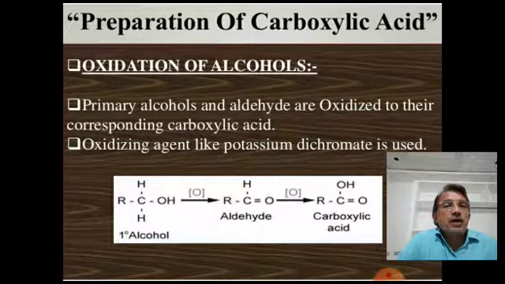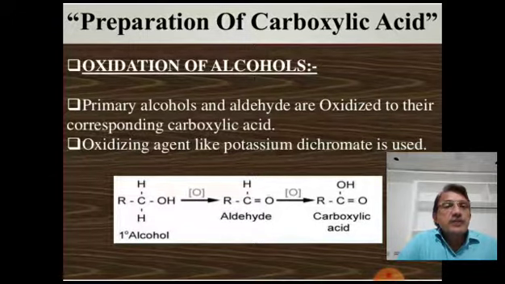Example: R-CH2-OH. This is a primary alcohol. This primary alcohol upon oxidation gives an aldehyde, R-CHO. This aldehyde is further oxidized to carboxylic acid, R-COOH.